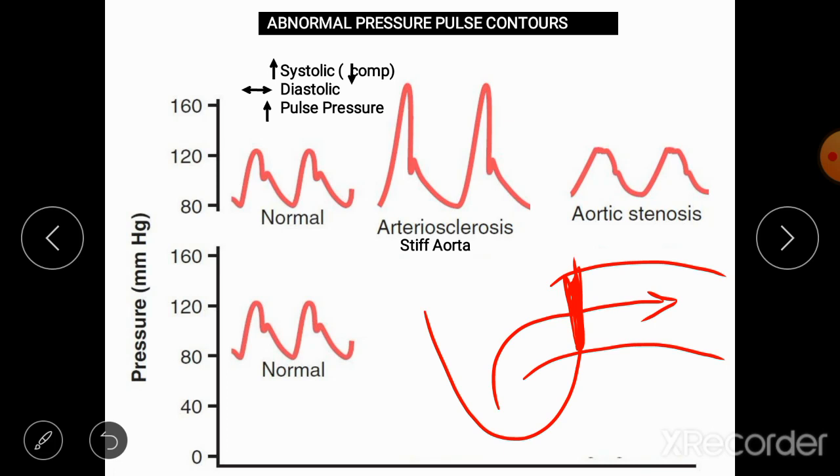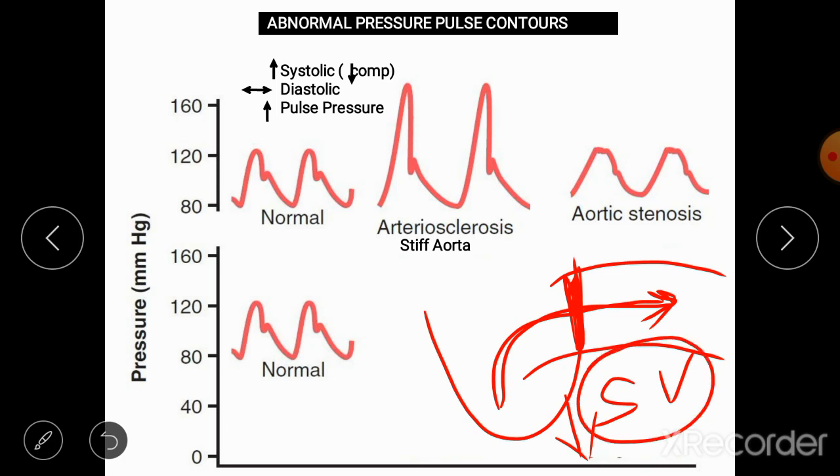So the amount of blood pumped from the ventricle into the aorta is reduced, which means the stroke volume is reduced. As I previously told you, stroke volume is directly proportional to systolic blood pressure, so you can see in this graph that the systolic blood pressure is reduced as compared to the normal.